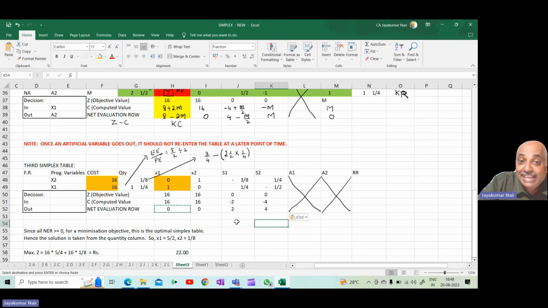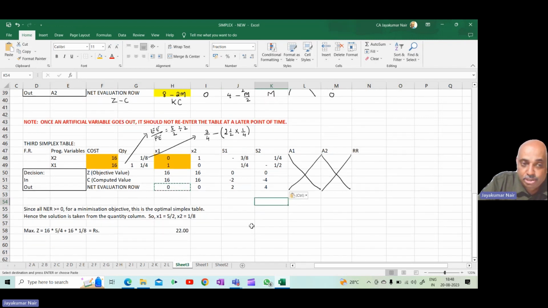You don't have any negative value. Do you understand? So that means you have reached the optimal solution. Since all NER are greater than or equal to 0, for a minimization objective, this is the optimal simplex table.